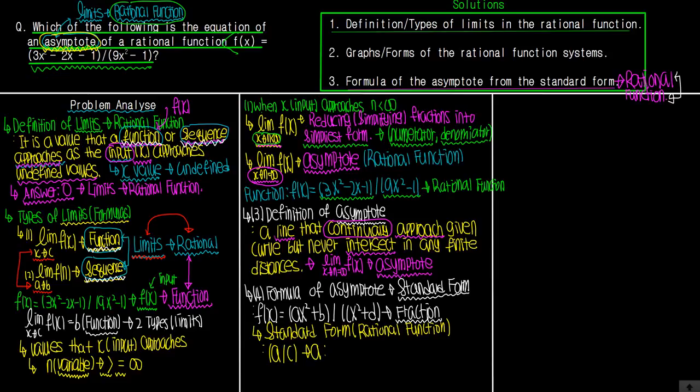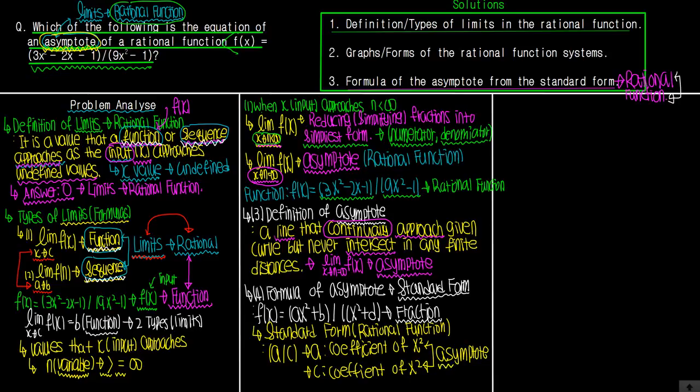Well, the a value was the coefficient of the first x squared term in the first nominal. And what was the c value? Well, the c value was also a coefficient, but a coefficient of our x squared term in the second nominal. And using these two terms, we'll be able to define what the formula of our asymptote in our rational function will look like.